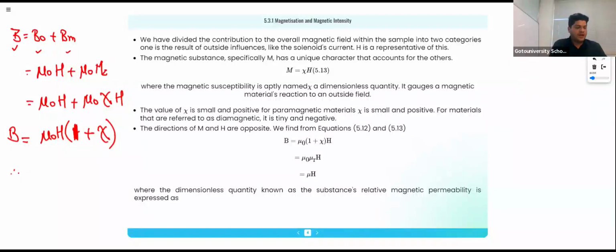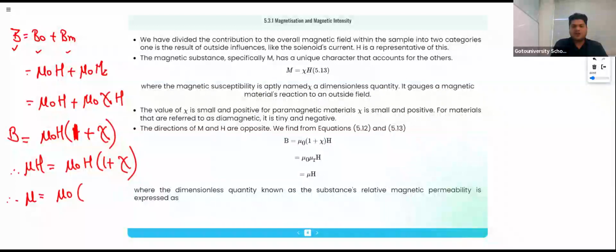And what is B? B is mu into H, which is equal to mu naught H into 1 plus susceptibility. So H and H will get cancelled, and you will get mu is equal to mu naught into 1 plus susceptibility. But mu is equal to mu naught into mu r, right?